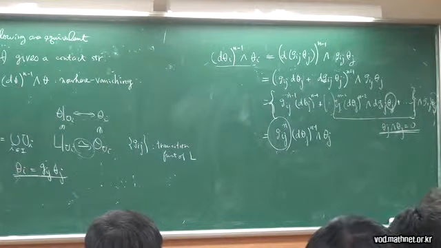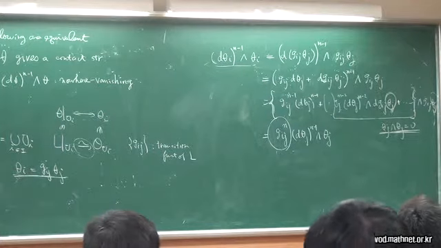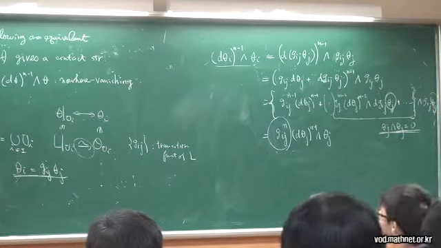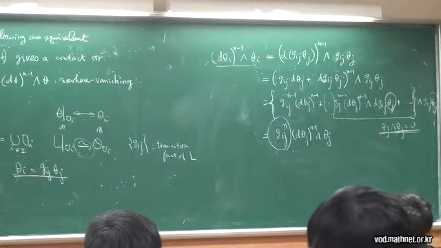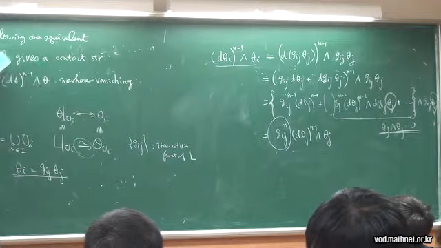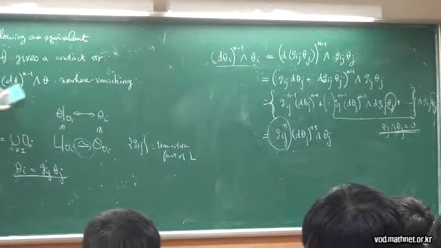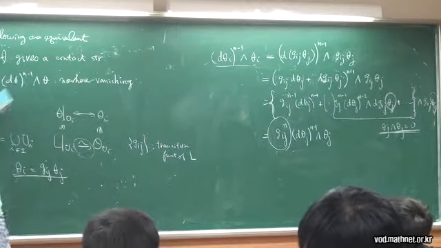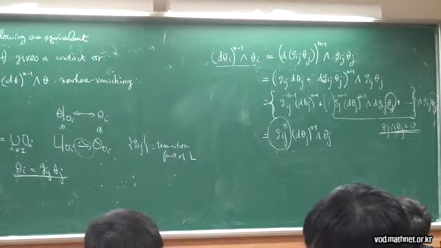So the second part is the important part. If theta gives a contact structure, then how do we prove this?